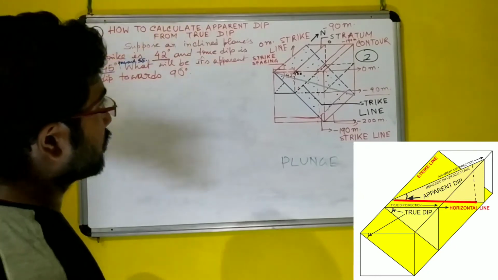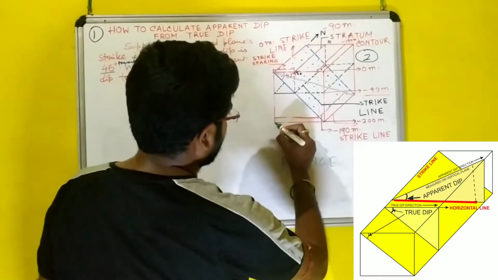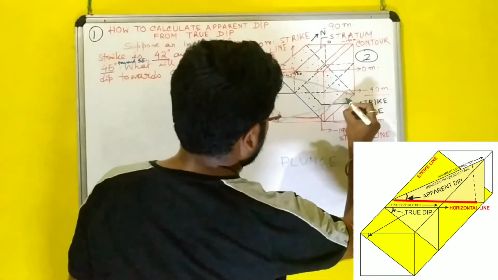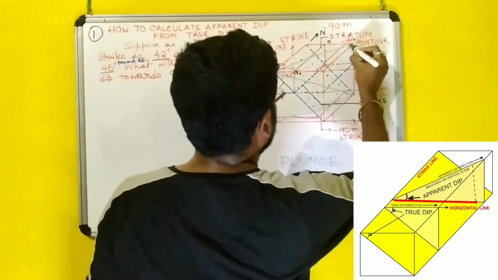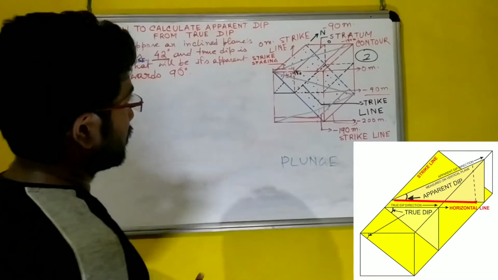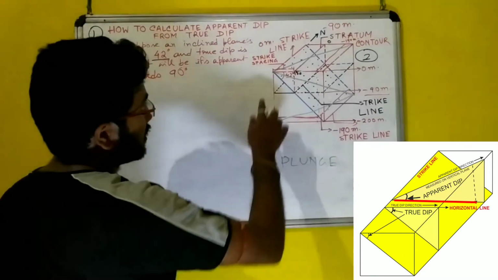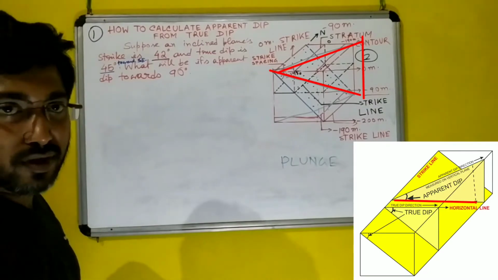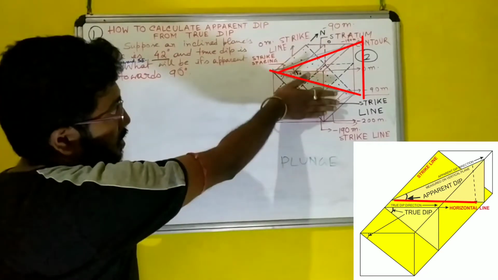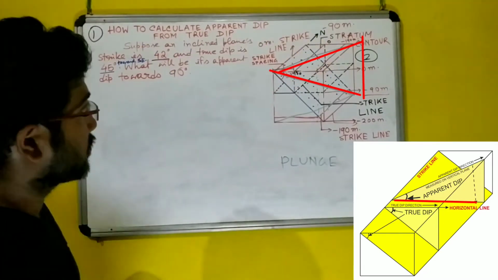If you look, if I connect these two points, you will understand that this is one vertical plane along the tube. Diagonally vertical plane in the tube.